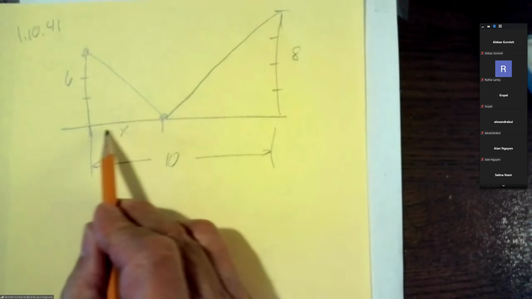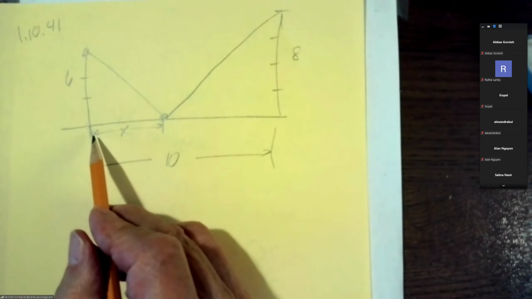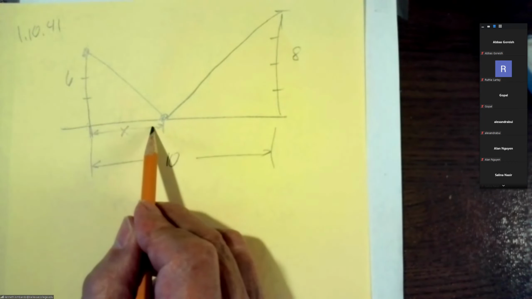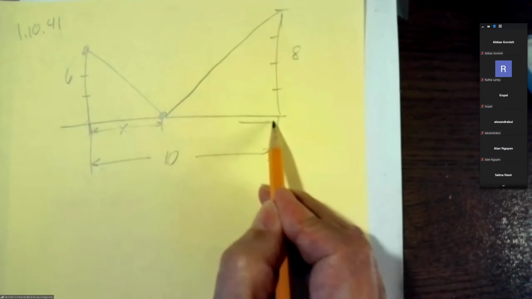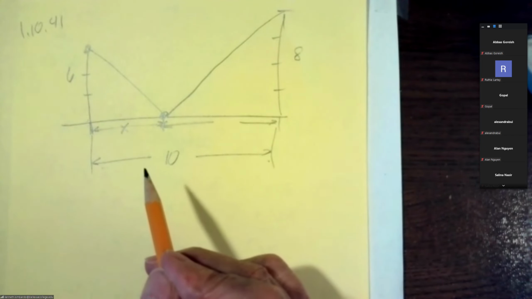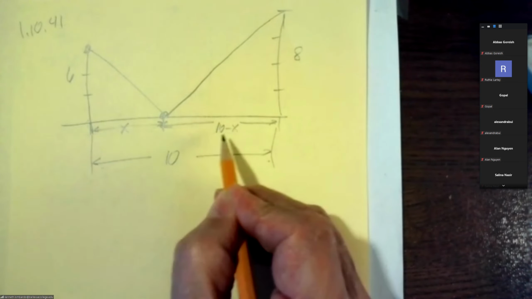We'll call that some unknown distance X. If that's X and the total is 10, then what's this distance here? 10 minus X.